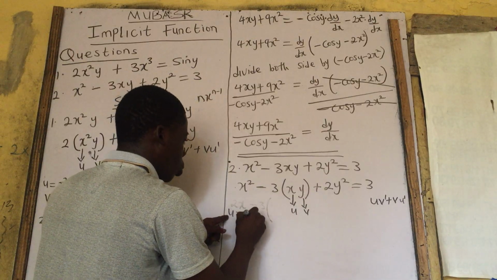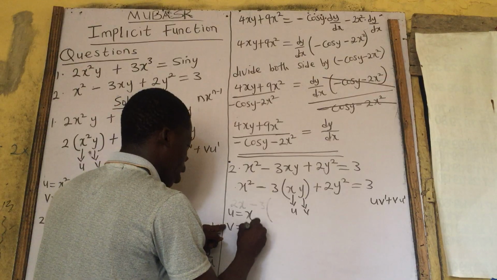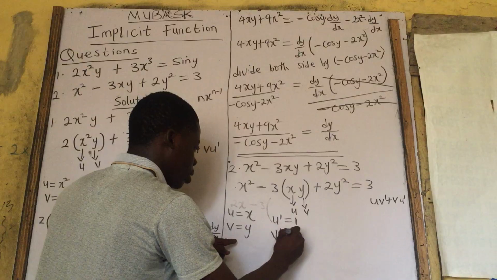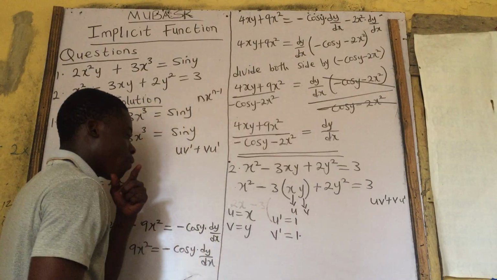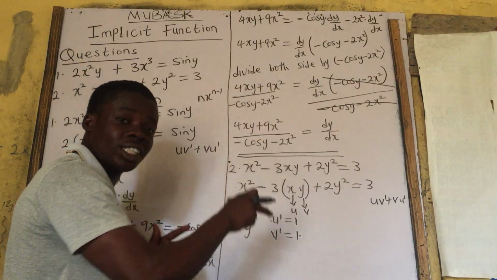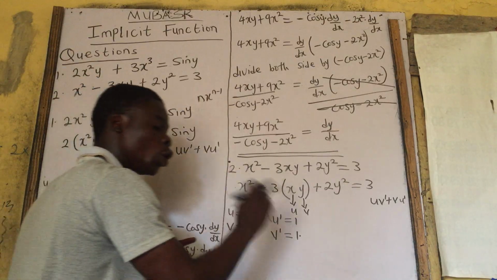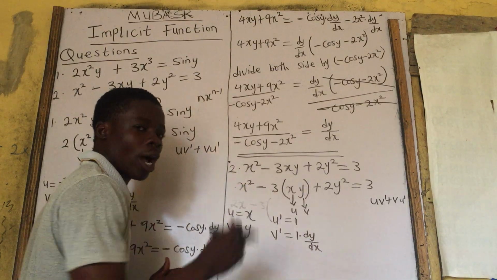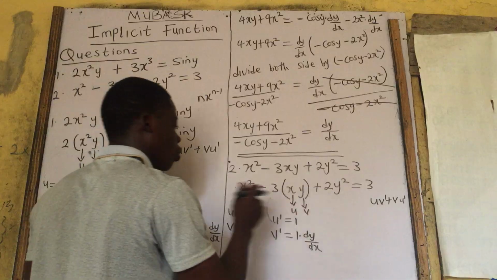Since u equals x, u prime gives us 1, and v equals y, v prime will give us 1. But I have told you, in implicit differentiation, if you differentiate the variable y, we multiply it with dy over dx, so that we can obtain the value of dy over dx.